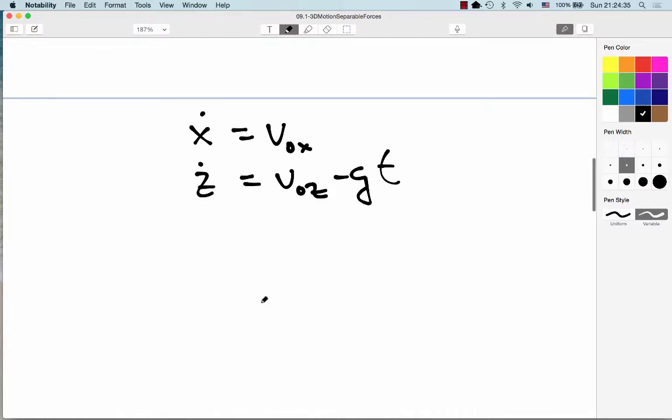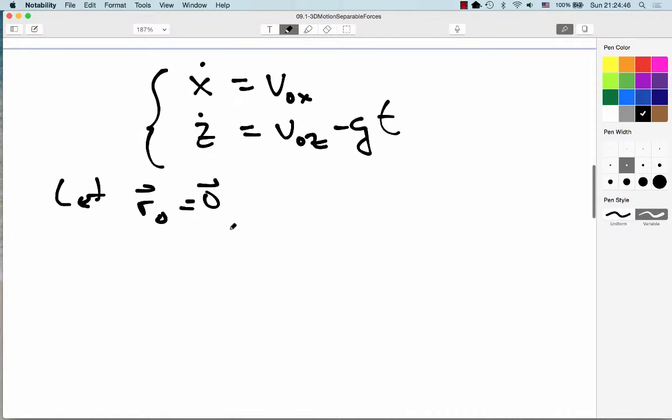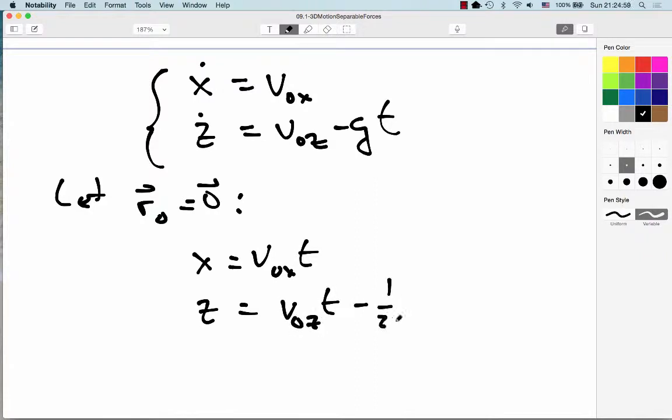And then we can integrate one more time. Let's let the initial position be the origin, just to make our life a little easier. So then integrating one more time, x is equal to v naught x t, and z is equal to v naught z t minus 1/2 g t squared.